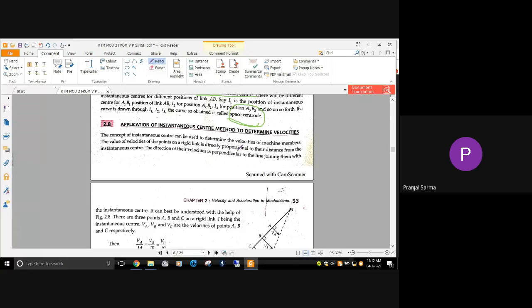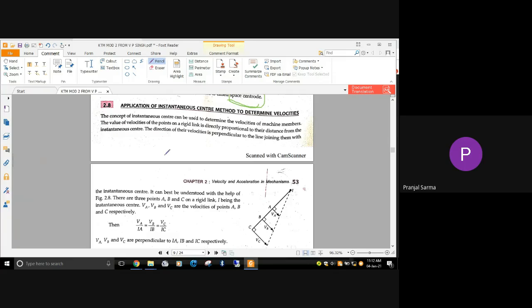That is the use of the instantaneous center method. The application of this knowledge of the instantaneous center and its relationship with the velocity, whatever method we use for determining the velocity of this mechanism, is known as the instantaneous center method of velocity analysis. Up to this much I believe it should be okay.